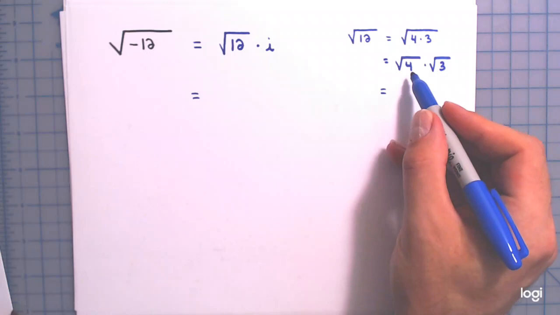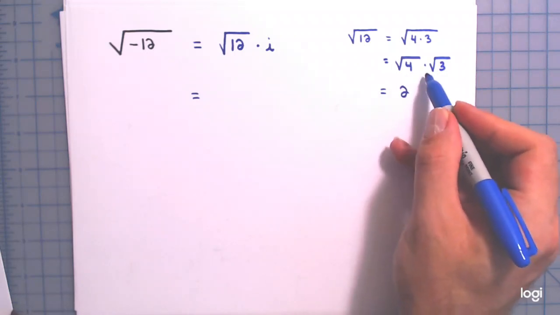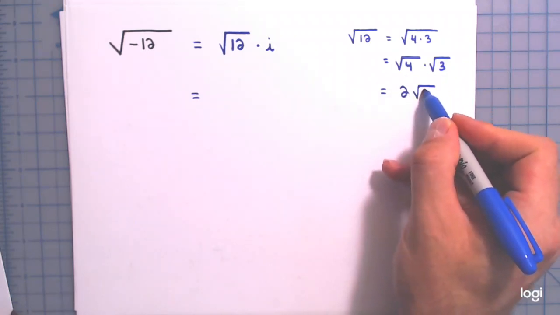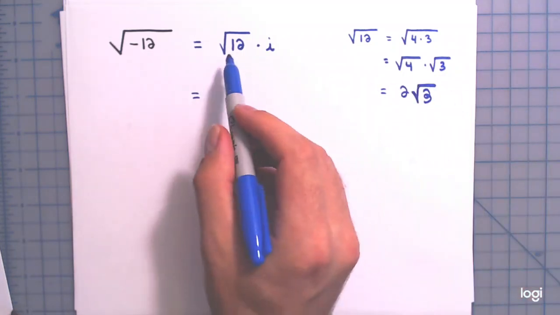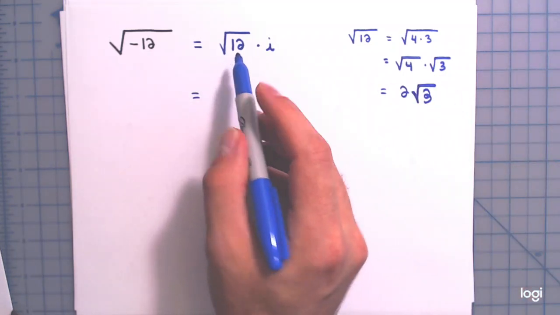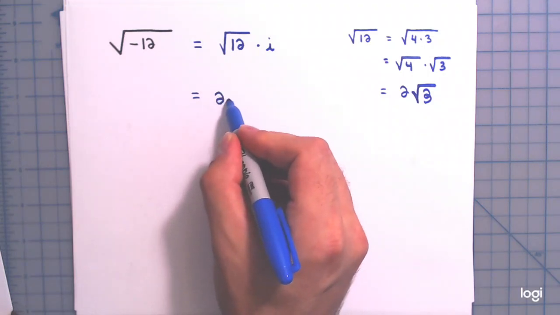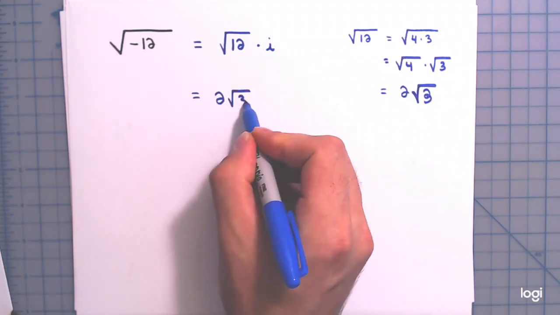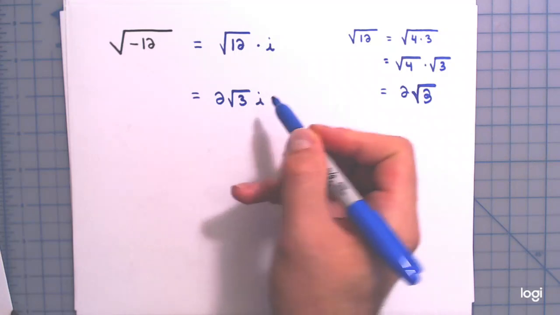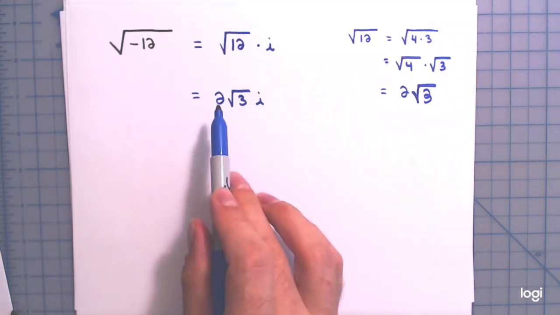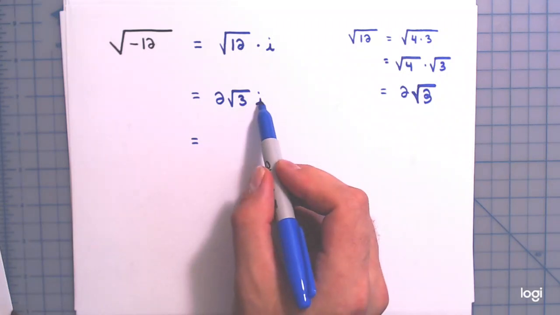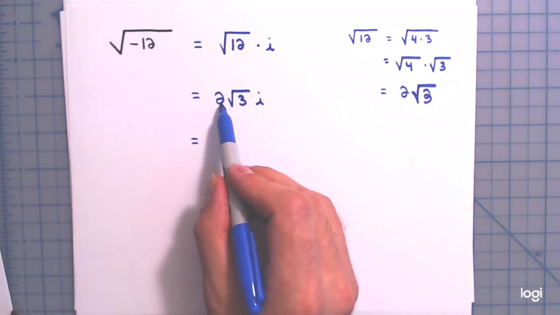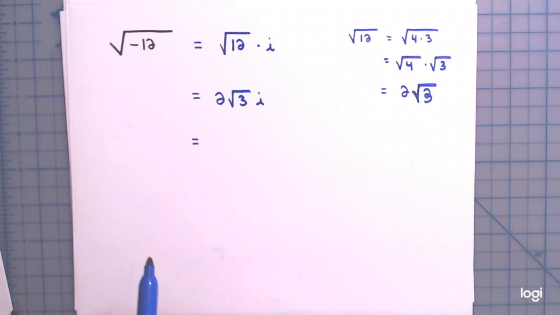And what is the square root of 4? The principal square root of 4 is 2, times the square root of 3. So simplifying the radical, the square root of 12 is 2 times the square root of 3, and then I have times i afterwards. Again, this is totally fine, but very often they'll put the variable factor and all the non-radical factors in front of the radical factor.